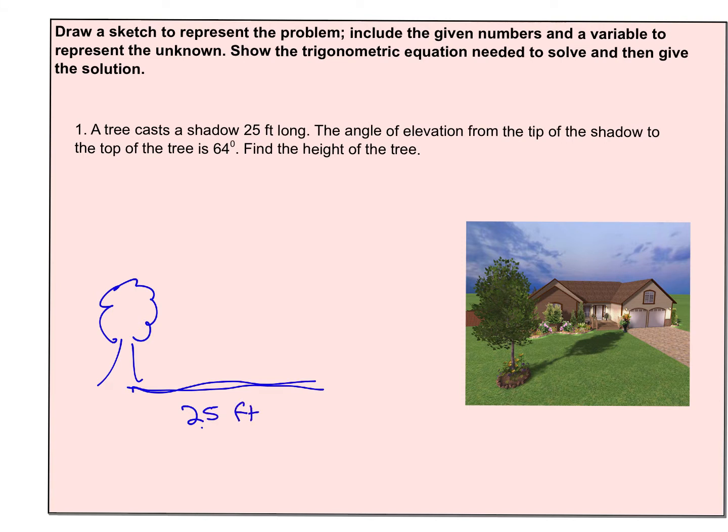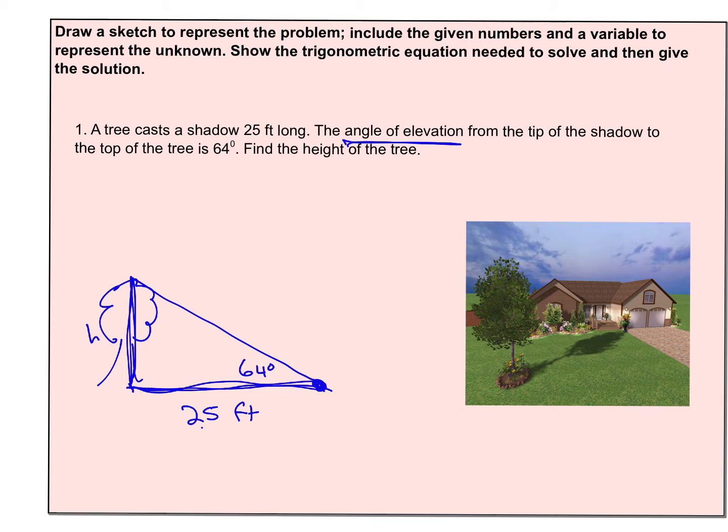The angle of elevation from the end of the shadow to the top of the tree is 64 degrees. So this is your angle of elevation, starting from the ground and looking up. Now, how tall in feet is this tree?